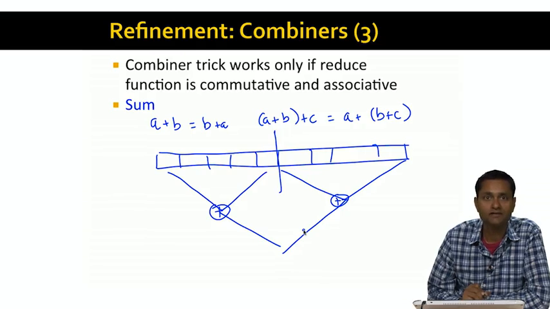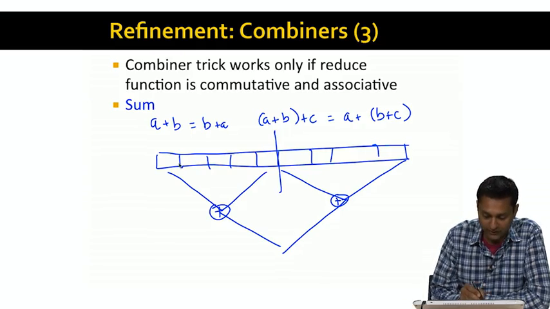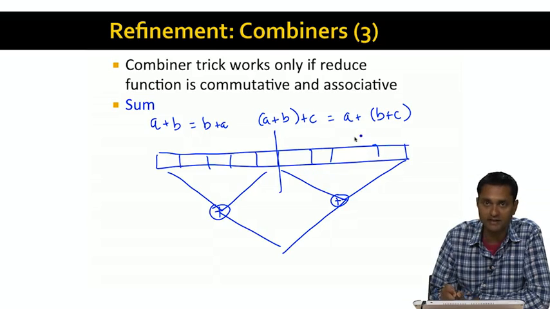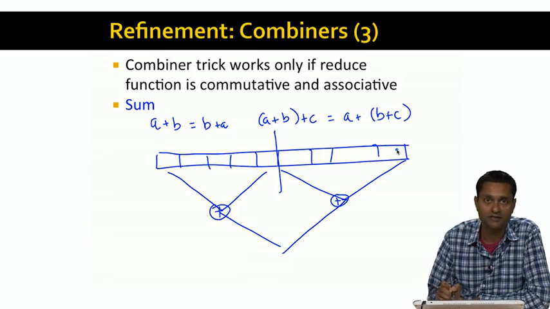So the first combiner sums up the first chunk of outputs. The second combiner sums up the second chunk of outputs. Then you sum up the two intermediate values, and you get the same result as if you had summed up all the original values to begin with. That trick works because sum is commutative and associative.